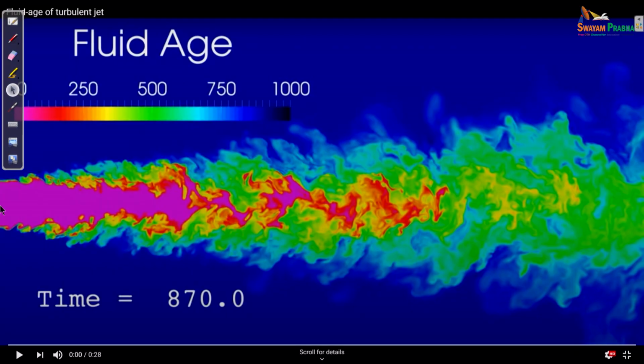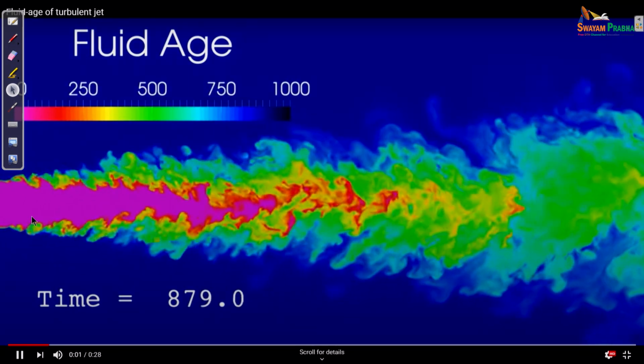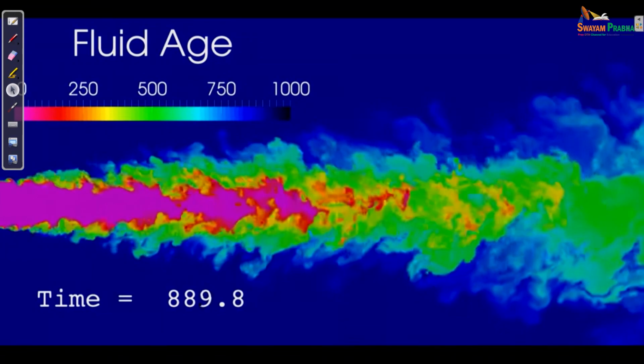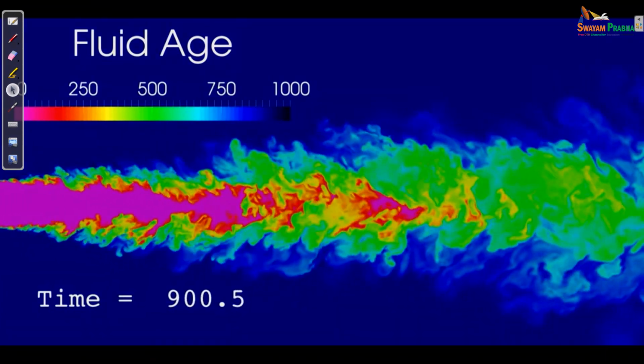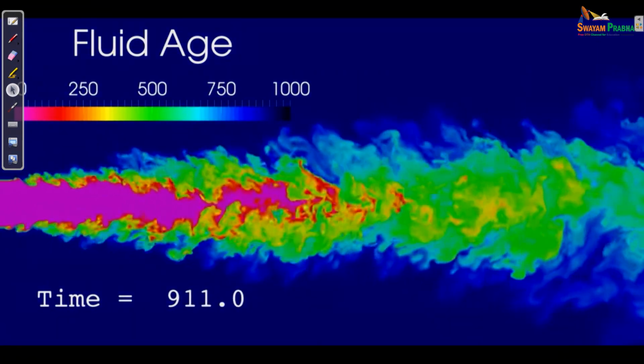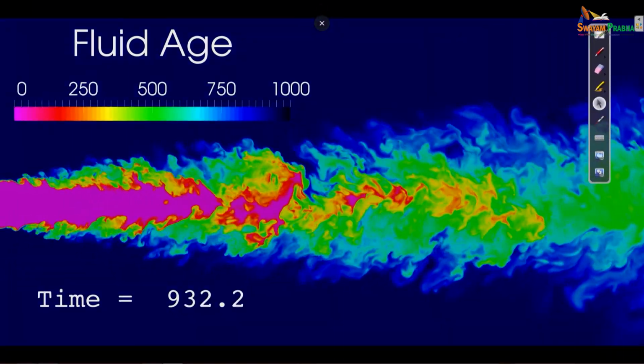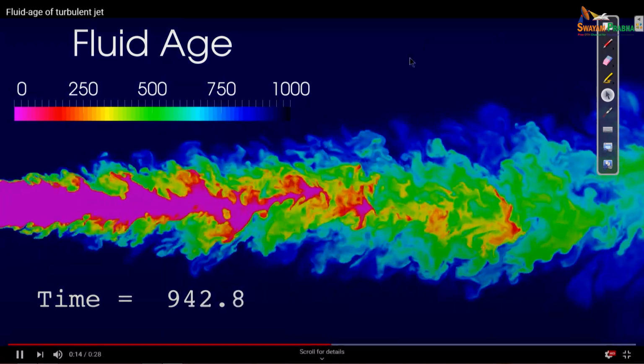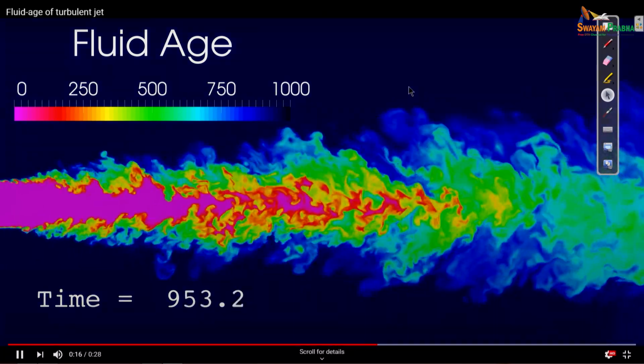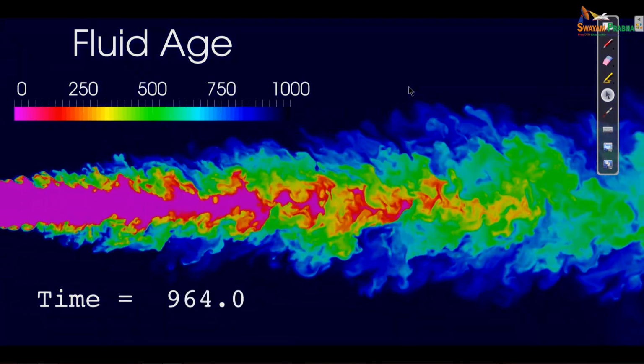So we've created that kind of flow field exactly, so that we can study this. Let me play this for you, and let us see. It's important to note the colors, and note that this pink color is really disappearing, it's not there at all after a certain while.